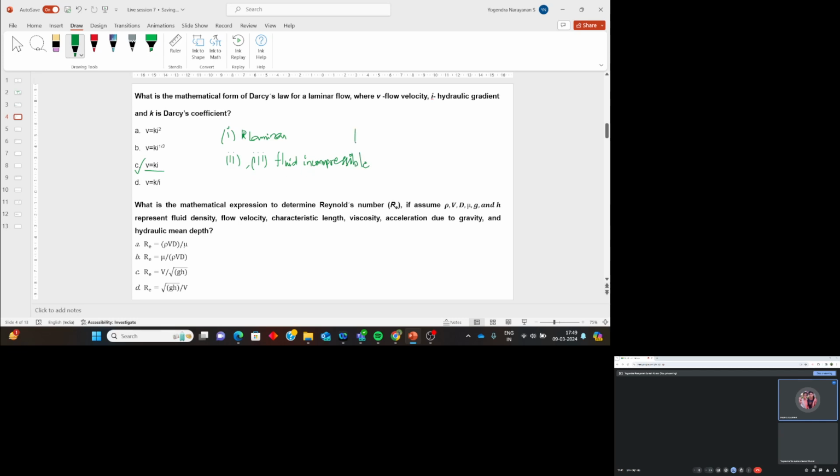Another main assumption is soil should be saturated, that is, Sr equal to 1.